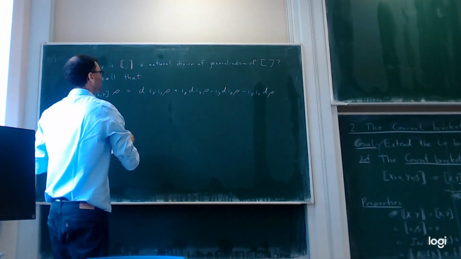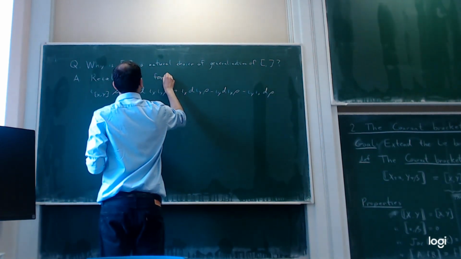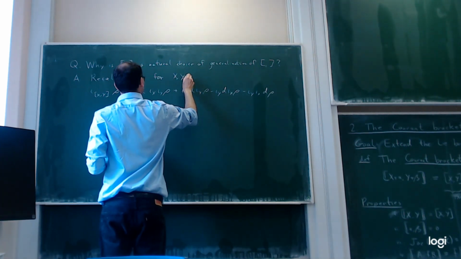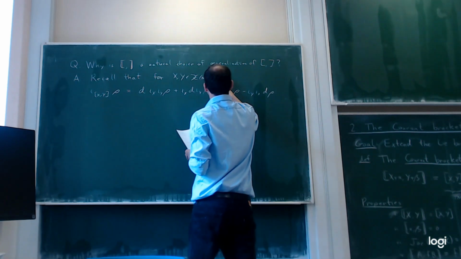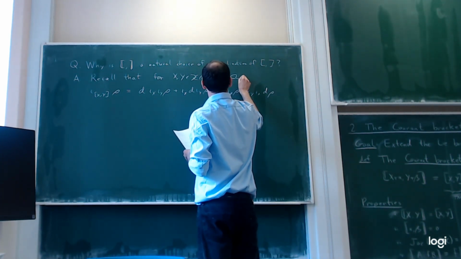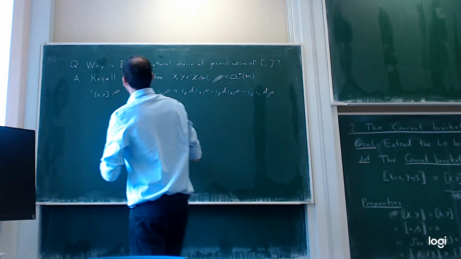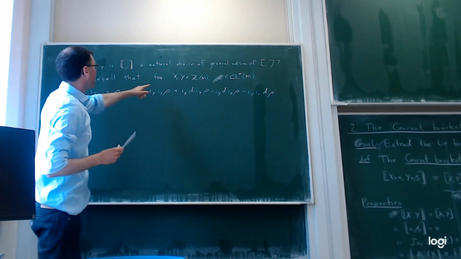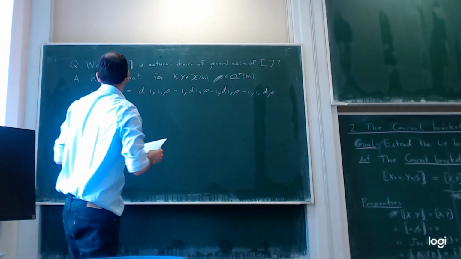Well, so this is, again, for vector fields X and Y and any differential form rho. Vector fields are, in particular, sections of the extended tangent bundle.